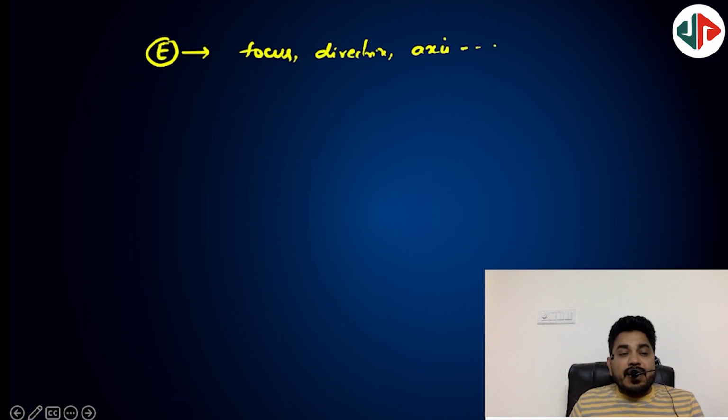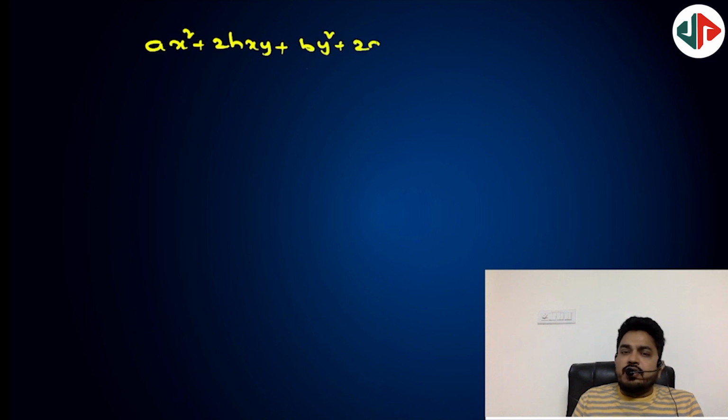And one more thing I want to tell you, the general second degree equation. What is the general second degree equation? Ax square plus 2hxy plus by square plus 2gx plus 2fy plus c is equal to 0. It may represent an ellipse.